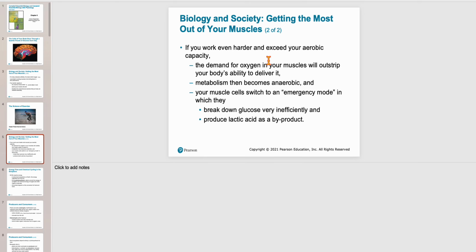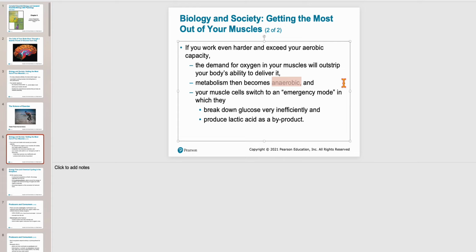Okay. Now this slide gives you the opposite. If we are exercising to a point where we're not breathing well, then we convert over to anaerobic. When we don't have enough oxygen getting to our cells to properly burn glucose, remember I said we're like a furnace, then we're going to be in an anaerobic mode. And that's what we see here in the paragraph, anaerobic.